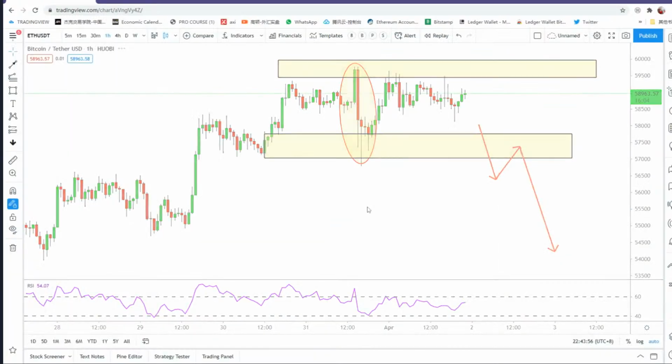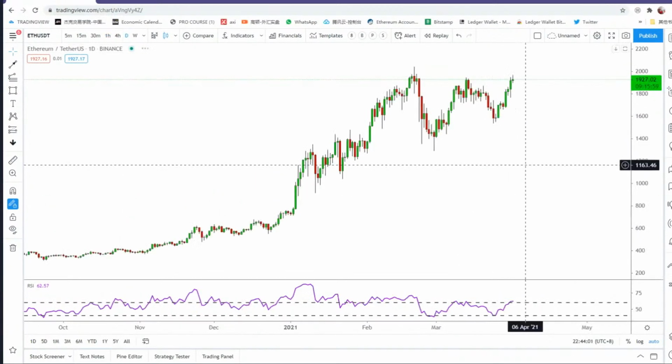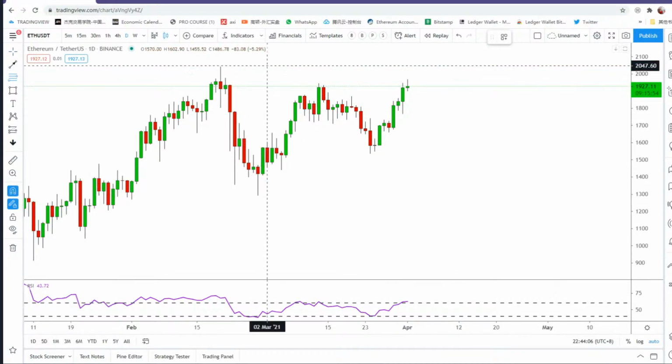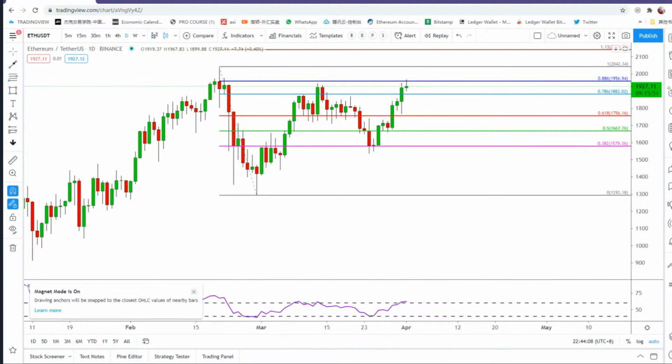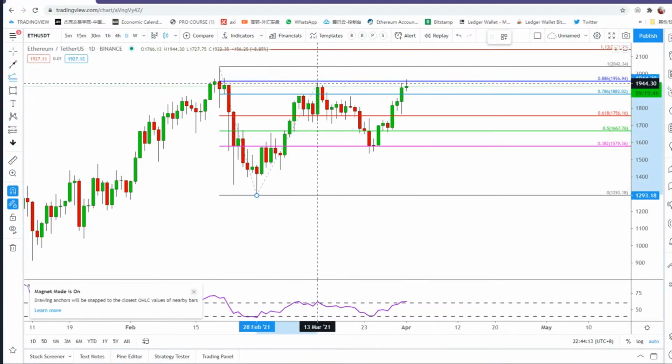And for the Ethereum, Ethereum has a strong rally to 1922. This looks like a butterfly pattern in Ethereum. So let me just draw the butterfly pattern for you guys.